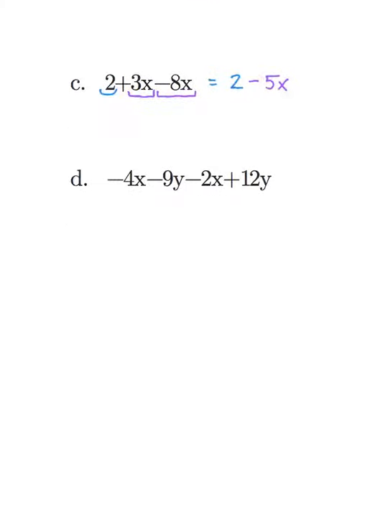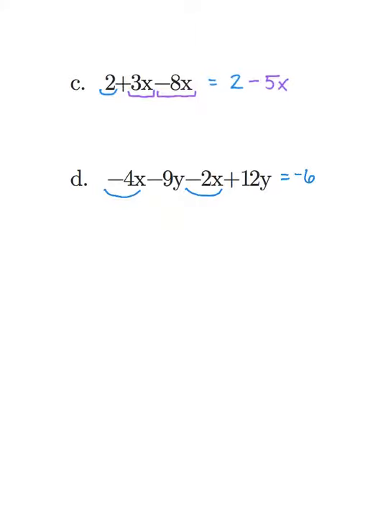For our last example, we have -4x minus 9y minus 2x plus 12y. So starting with -4x, does it have anything it can combine with? It can combine with -2x. These numbers have the same signs, so we're going to add the numbers and get 6.